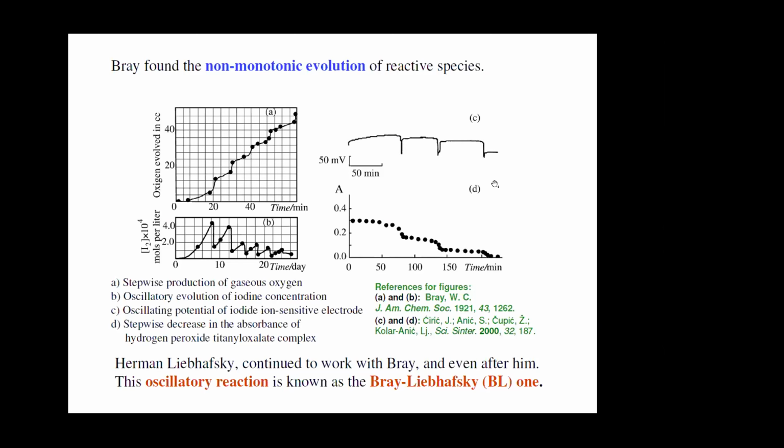These two methods did not exist at the time when Bray performed his experiments. Hermann Liebhafsky continued to work with Bray and even after him. Therefore, this oscillatory reaction is now known as the Bray-Liebhafsky one.